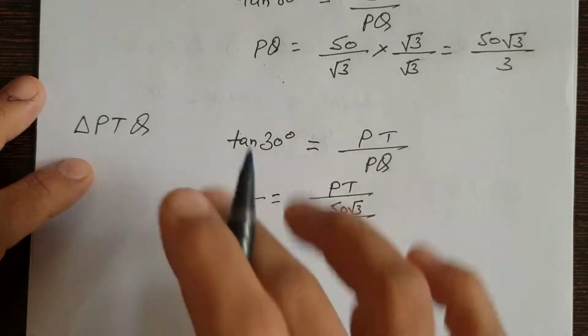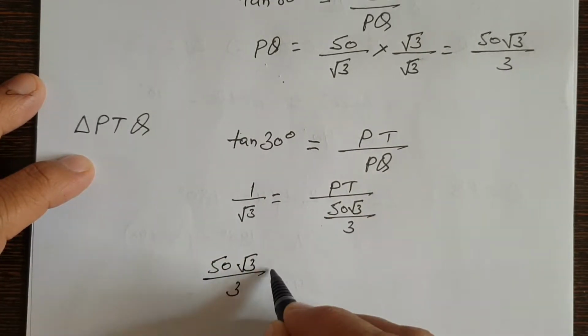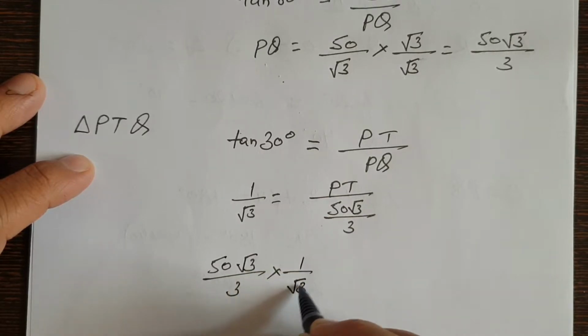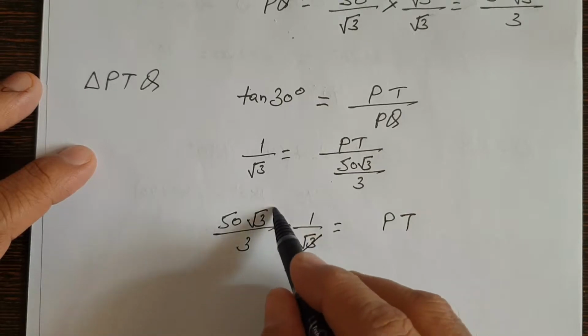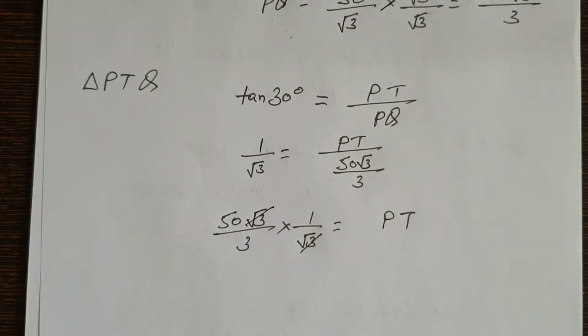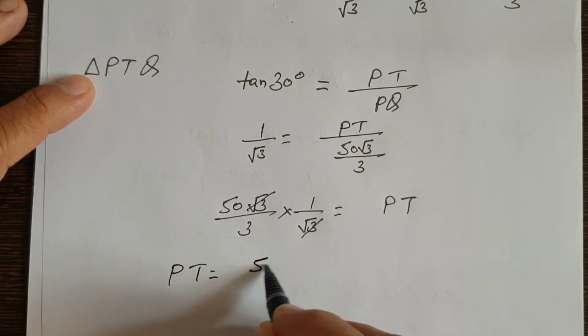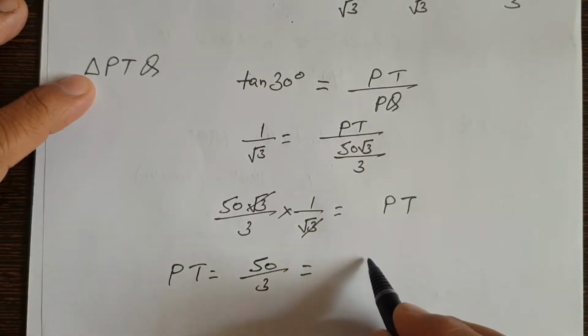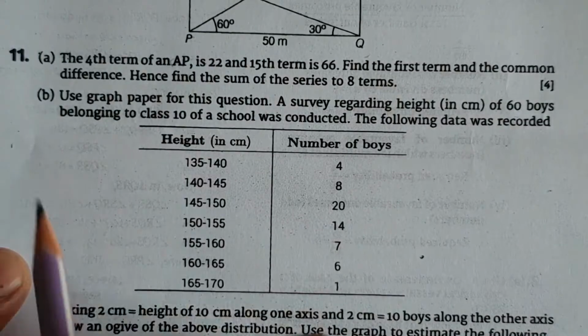Now directly cross multiply. This will be 50 root 3 by 3 into 1 by root 3 equals PT. So here root 3 will get cancelled. So PT is 50 by 3, which is 16.66 meters.